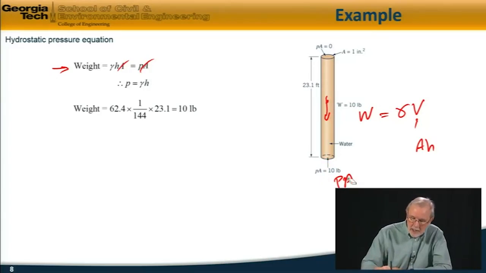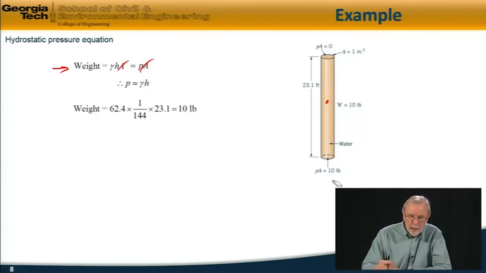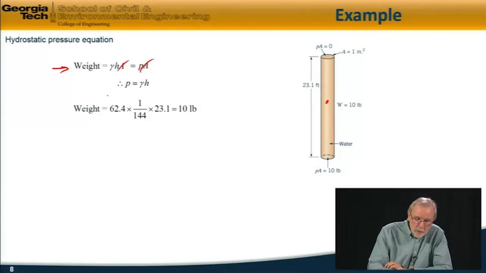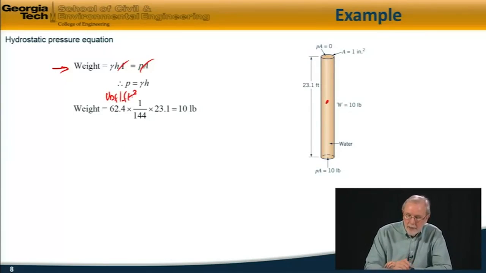So in this example, the weight of the fluid is equal to, and I'll assume that the specific weight is 62.4 pounds force per cubic foot, multiplied by the area, which is 1 square inch, divided by 144 to change to square feet, multiplied by the height of the column, which is 23.1 feet, gives me a weight of 10 pounds.